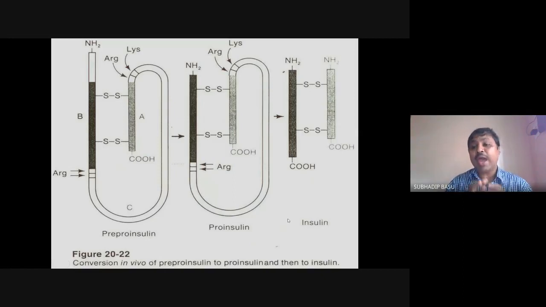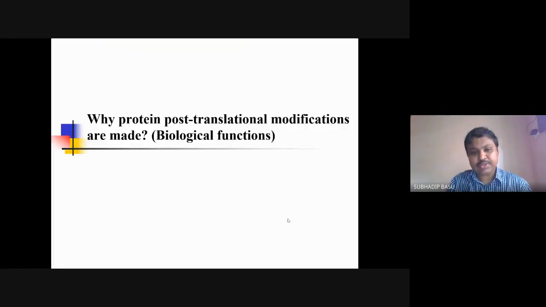So until these successive post-translational modifications take place, even if we have enough pre-pro insulin in our body, it will not act properly or help our immune system. So these post-translational modifications are extremely important in that respect.